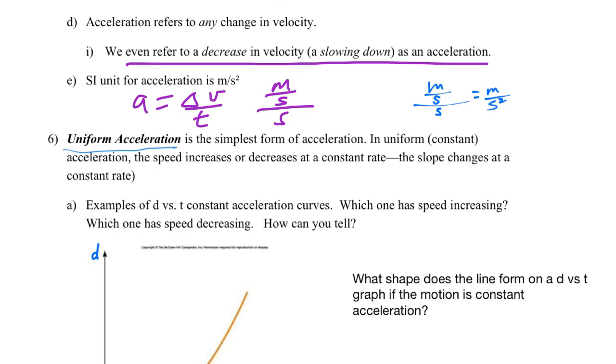Every second is picking up the same amount of meters per second, or every second is losing the same amount of meters per second. For example, a freely falling object, when it's descending, picks up 10 meters per second every second it falls. That's uniform acceleration.